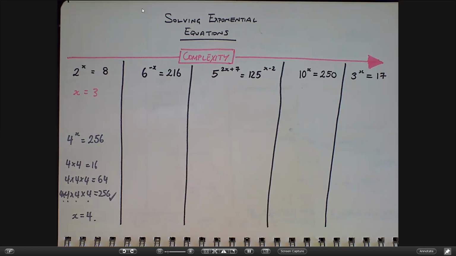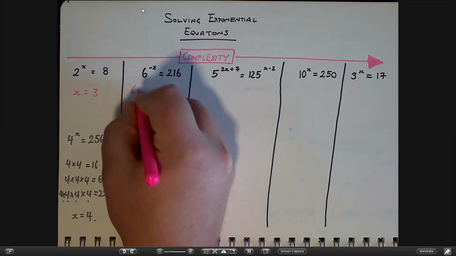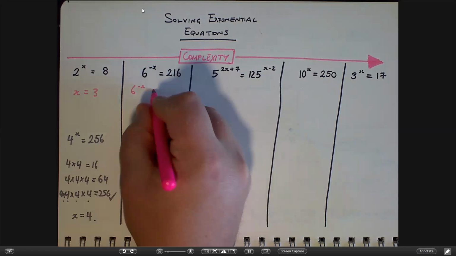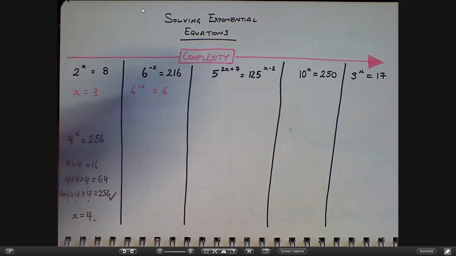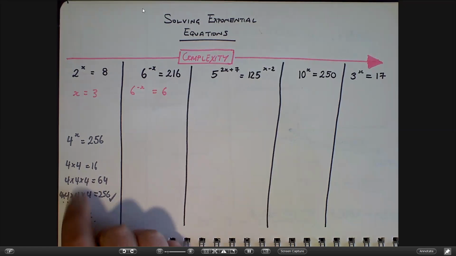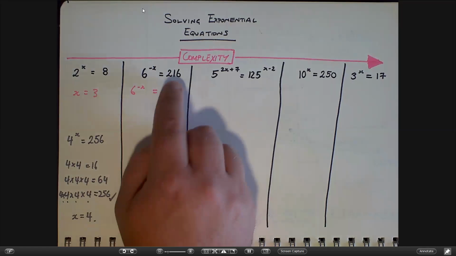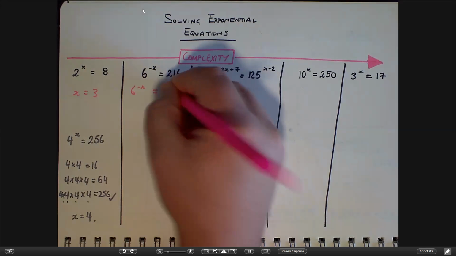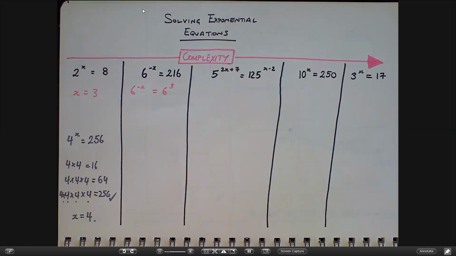You're just going to leave that as 6 to the minus x. And you're going to try and write this right-hand side as 6 to the power of something. Using the same technique as before, you ask, what would I have to raise 6 to get that thing? You stare at it for a little while, and eventually you're going to see that that's 6 cubed.